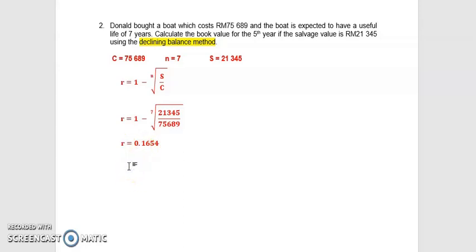Okay, now we calculate book value. So BV5 equal to cost multiplied by 1 minus R power of n. Okay, n or k. So this one referring to which particular year that we want to calculate. So here n equal to 5.